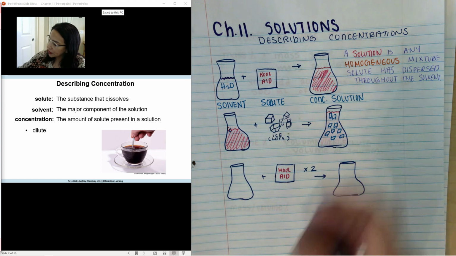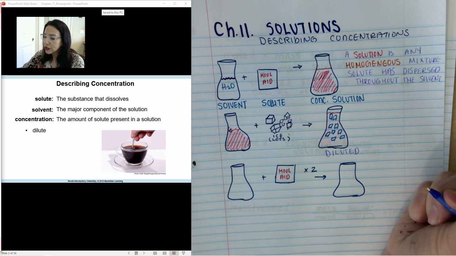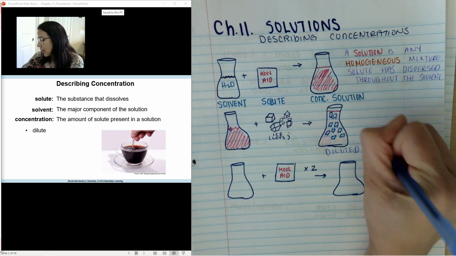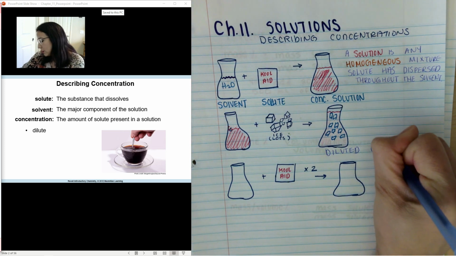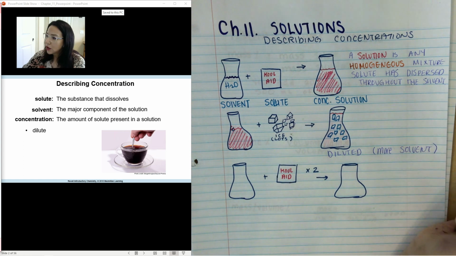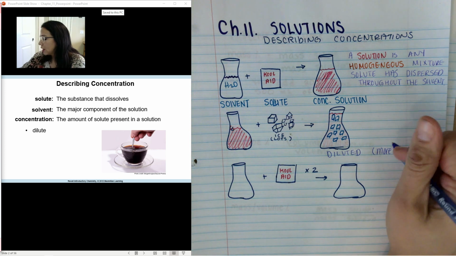What ends up happening is that we diluted our concentrated solution. To have this diluted solution means we have more solvent, and we could potentially add more solute. So more solvent in this diluted solution.